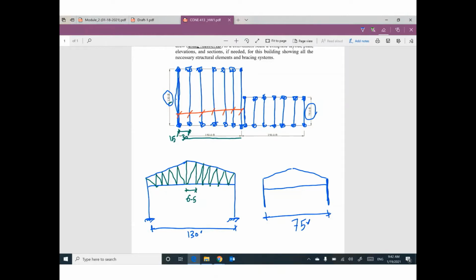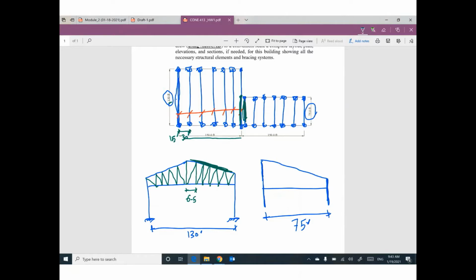Or I will assume this truss to be like this, because from this point to this point represents this part. So the remaining truss, I can do it on the same level with the same slope.